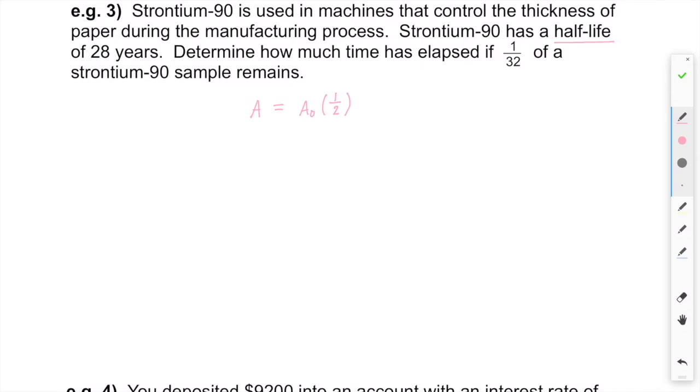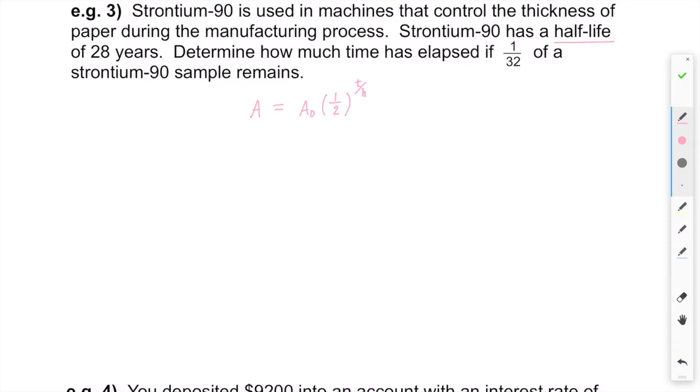So you'll keep multiplying by 1/2. But how do we keep track of how many half-lives have passed? Well, you take the actual time t, and divide it by the half-life of the radioactive substance, here I'm just going to call it H. So this is a standard equation.